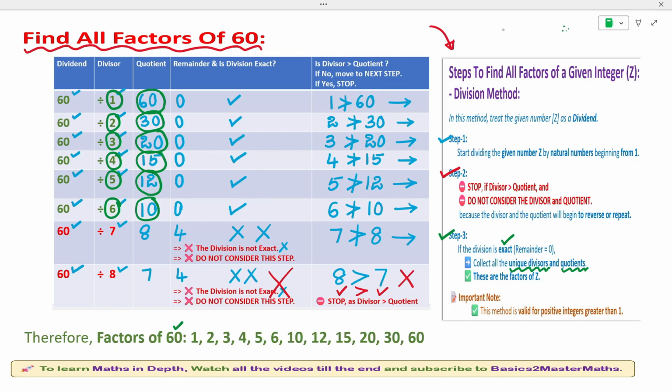Therefore, factors of 60 are 1, 2, 3, 4, 5, 6, 10, 12, 15, 20, 30, and 60.